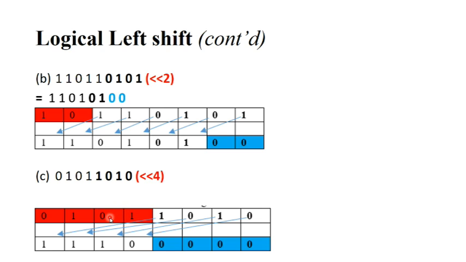I'll move it 1 2 3, but then when I move for the 4th time, I have no place to place that bit in my register. So that means starting from here, all these 4 bits are going to be lost. But at the same time, when we have 4 bits that are lost, we also have originally empty 4 spaces to our right.